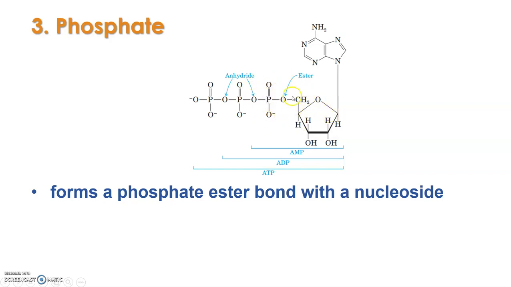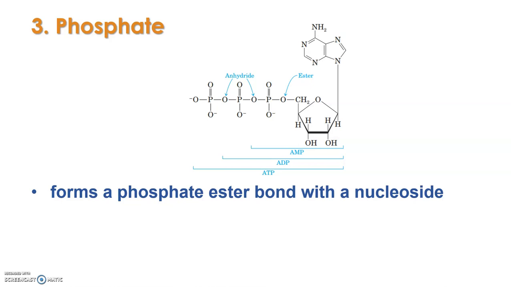It has a first phosphate group. Thus, it is what you call your adenosine monophosphate. While if it has two, then it's your adenosine diphosphate. Now, if it has three phosphate groups, that's your adenosine triphosphate, or your ATP. So technically, your ATP is a nucleotide.